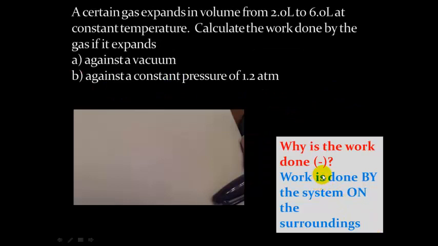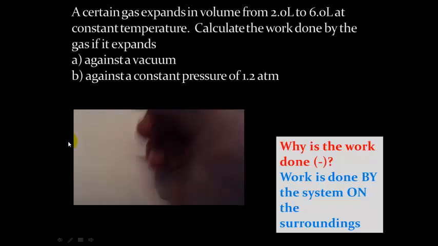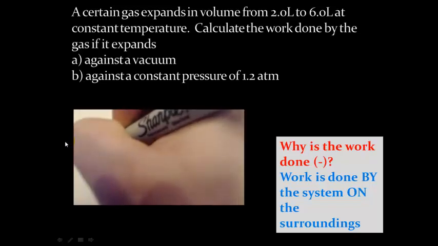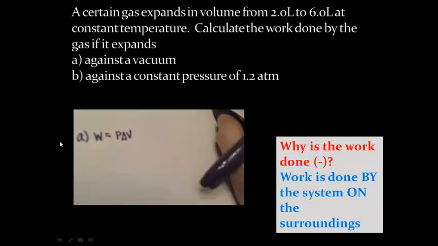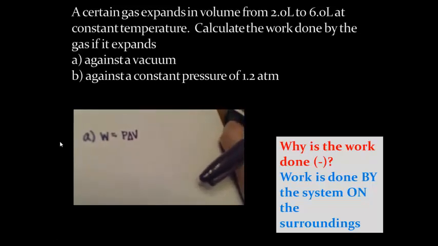The next example involves pressure volume work. A certain gas expands in volume from 2 liters to 6 liters at constant temperature. Calculate the work done by the gas if it expands A against a vacuum and B against a constant pressure of 1.2 atmospheres. So remember, work is equal to negative pressure times the change in volume.